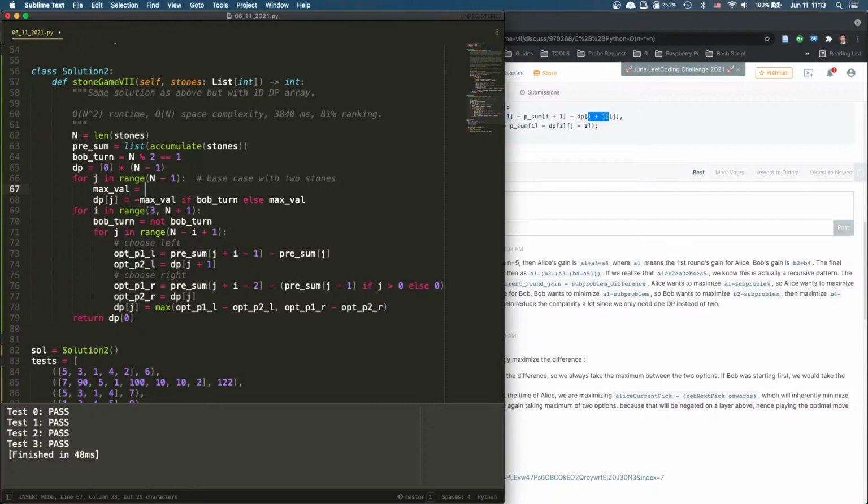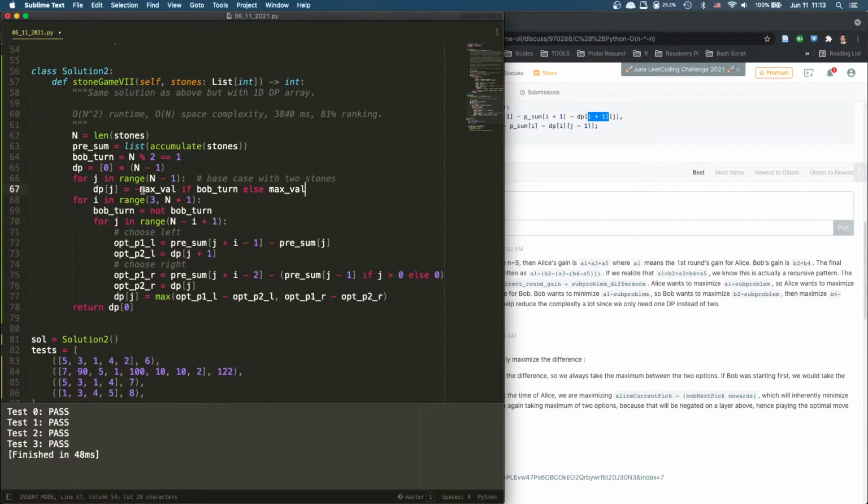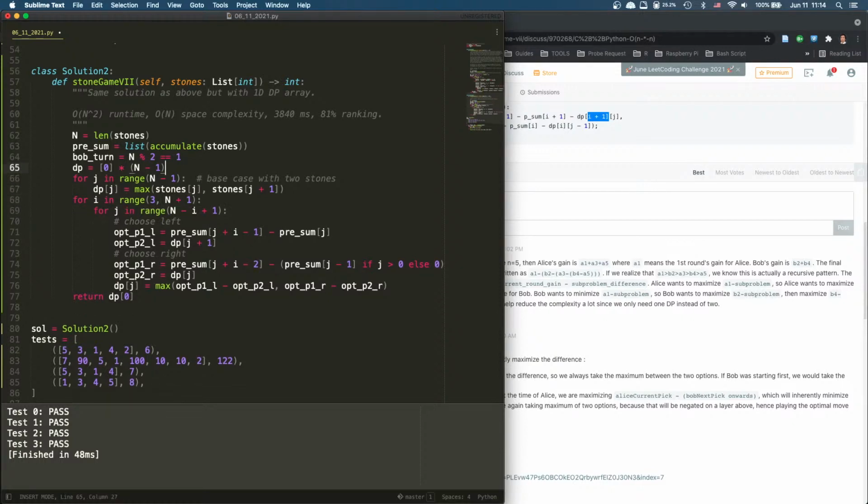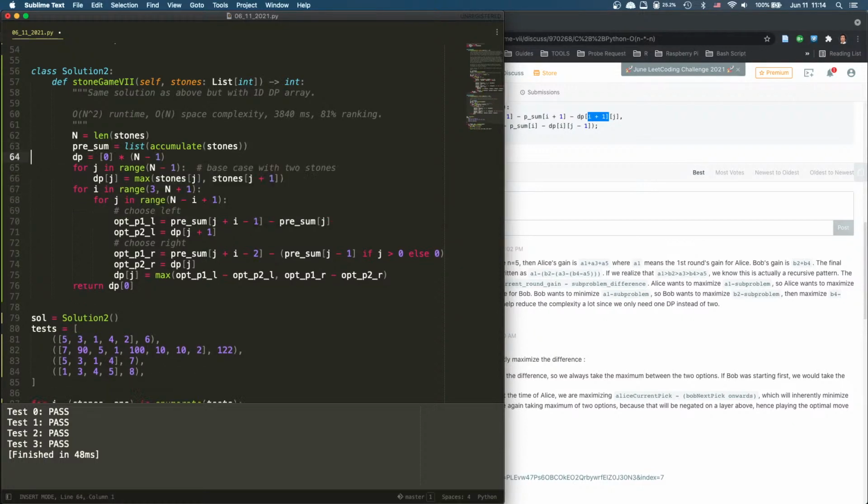Again, we don't care whose turn it is. It does not matter. This is going to be max, right? So we don't need a turn.